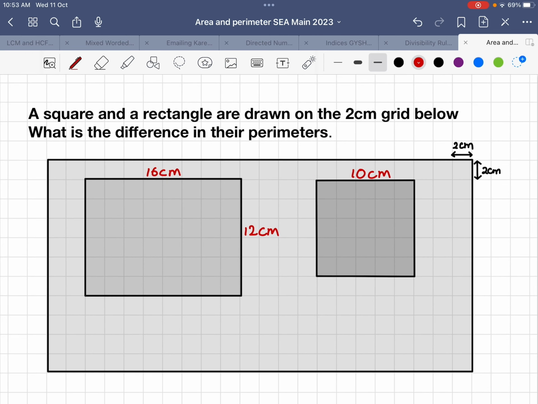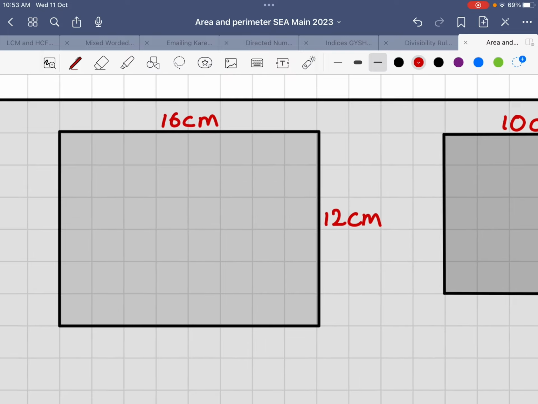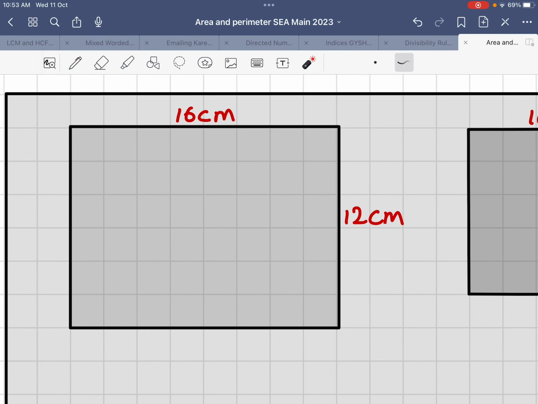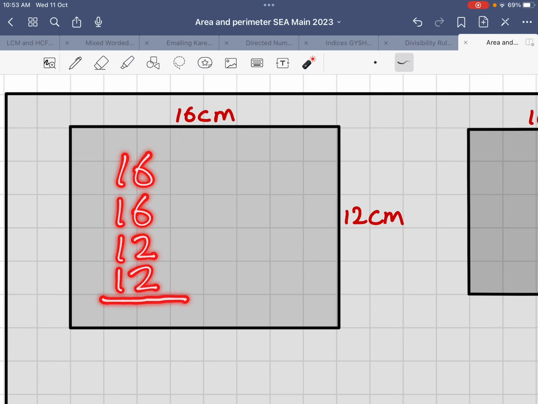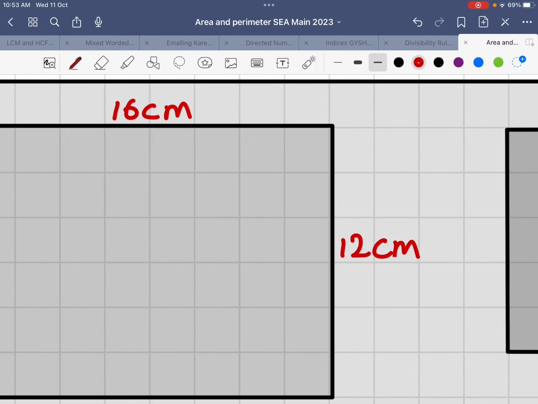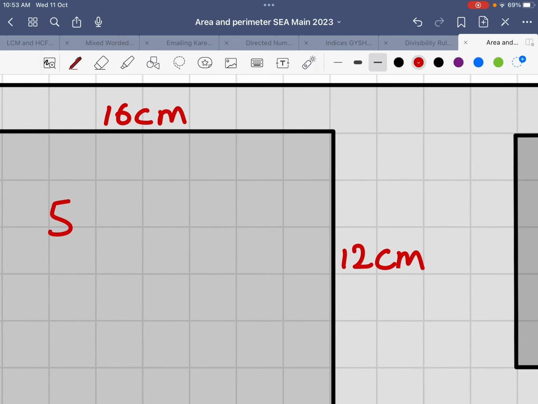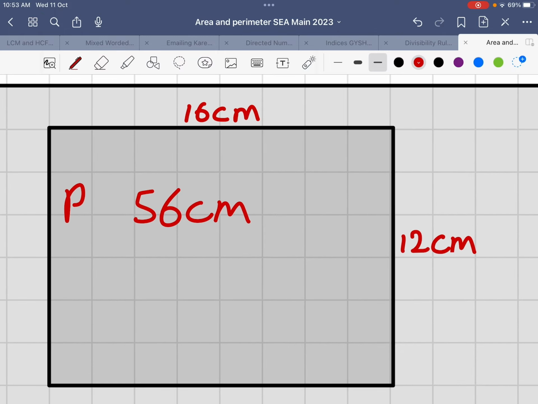So we need to determine the perimeter for each shape. So that's 16 plus 16 plus 12 plus 12. 8 and 8, that's 16. So that's 56. The perimeter of the rectangle is 56 centimeters.